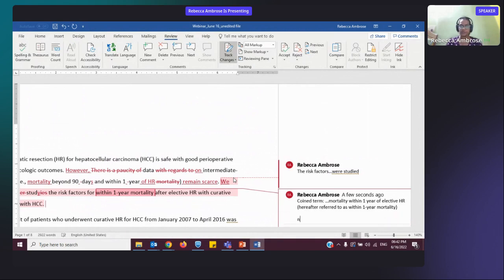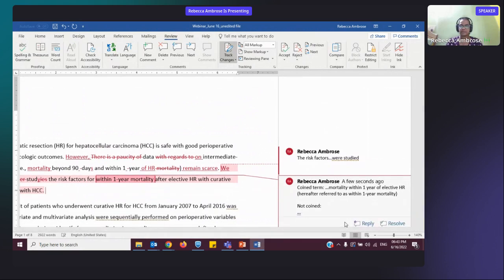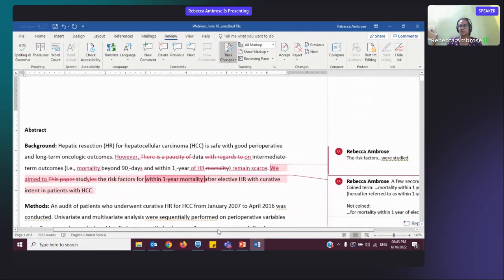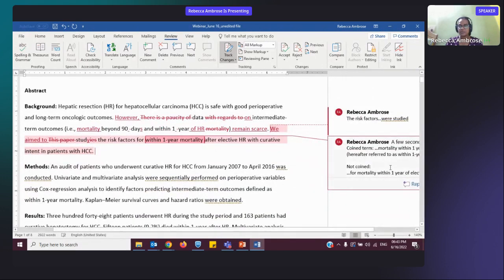And if this is not a coined term, then you would have to revise this as risk factors for mortality within 1 year of elective HR. So we'll leave the option to the authors because I'm not 100% sure what their intention was when they phrased it like this. So we'll give the author the option to choose, and we can tell them that once they have decided what they want to retain, we can make those changes throughout the paper.